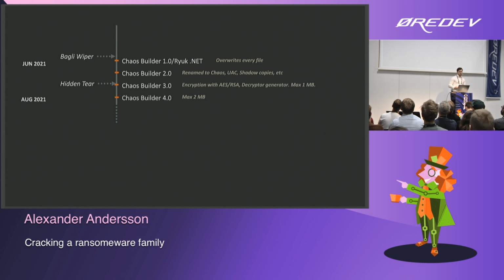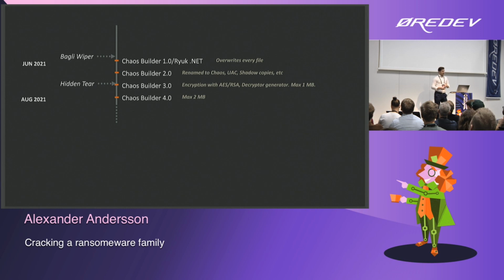During the coming months, this ransomware keeps developing and new releases are published, one after another. I'm saying this is a ransomware because that's what it became after a while. In the beginning, this was actually wiperware, so it didn't actually encrypt anything. It just overwrote every single file on the system. It says to contact this email and pay, but it doesn't matter if you pay or not because the files are overwritten. There's no decryption because they're not encrypted.